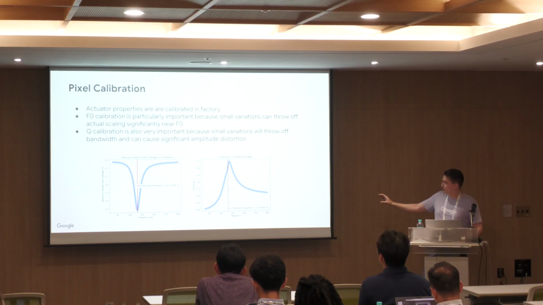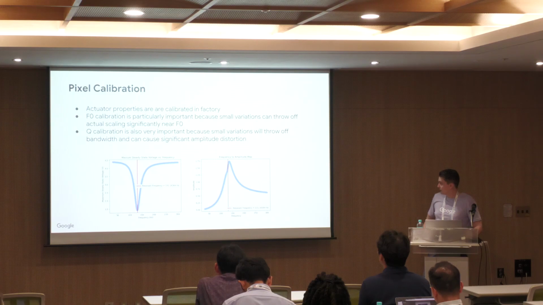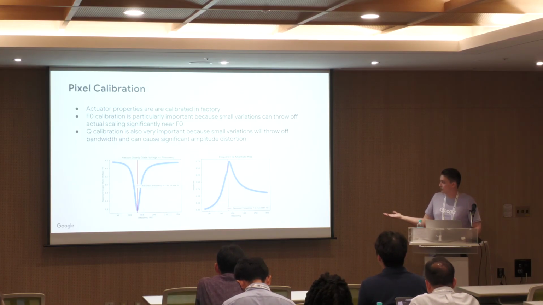And then on the right, we have the acceleration map. You can see that this is not a calibrated map because the resonant frequency does not align with the maximum amplitude. This map would be using, for example, a device's nominal values.